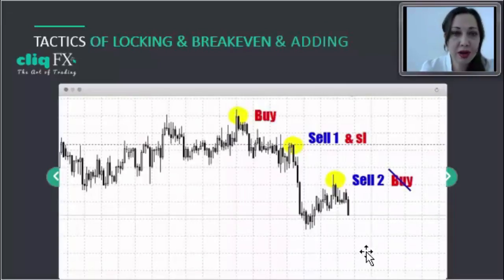When you close your trades in the end, you will have a minus with buy compensated with the help of locking with sell 1 and much more compensated with sell 2. And even if the market recovers, you have already hedged, actually insured your profit with stop loss in the positive zone.